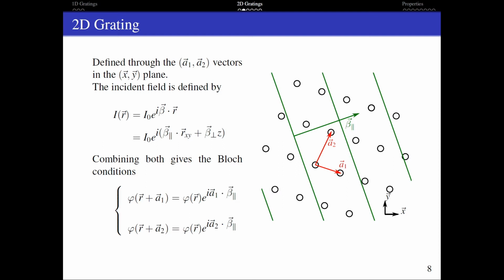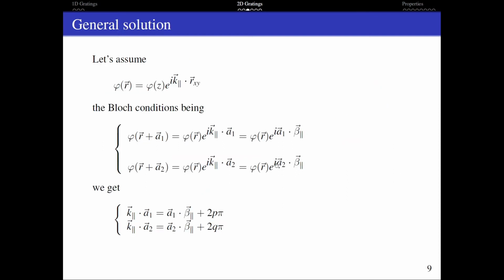Now, we again want our field inside the electromagnetic problem to look like this. So it's going to be an amplitude along Z multiplied by the complex exponential containing the output parallel k vector times the location.